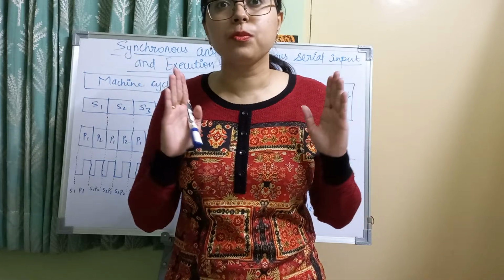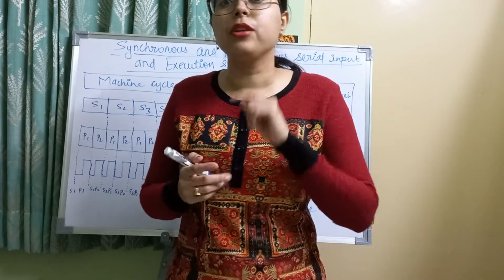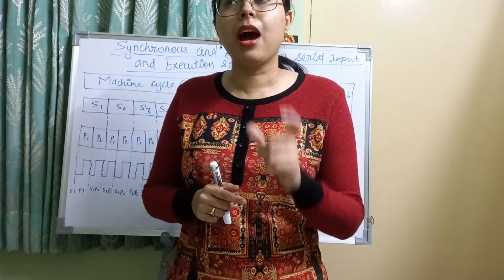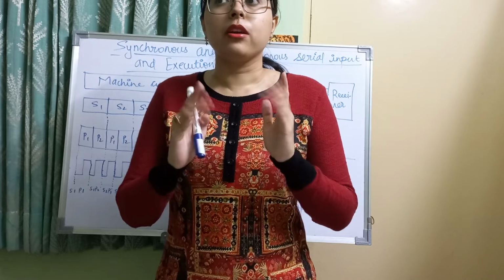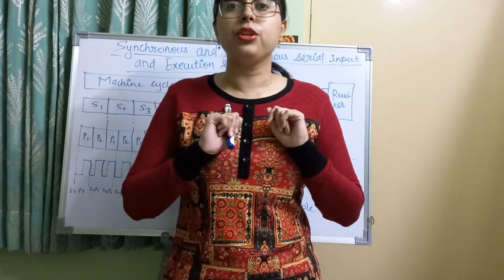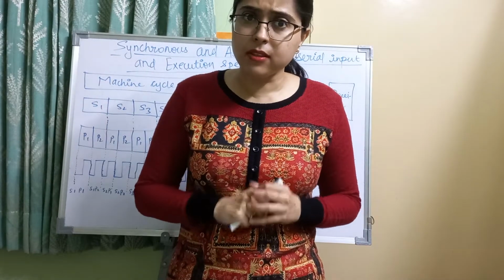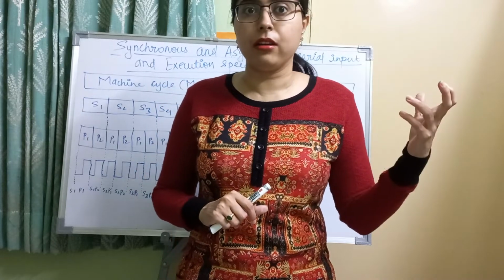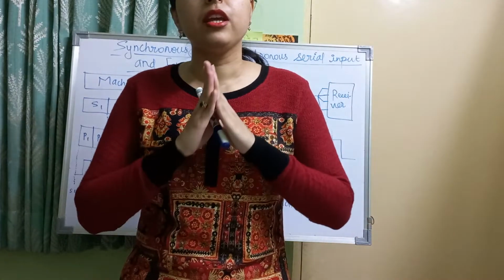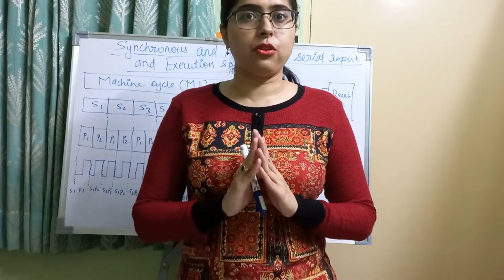So execution speed, in how much time it is executing the program, depends on your clock frequency. Like the heart provides blood to all parts of the body, the clock is provided by the oscillator unit to the processor so that it can control all the operations of the processor. So the oscillator unit is compared with the heart in the human body because it is a very important unit in the processor or a controller.